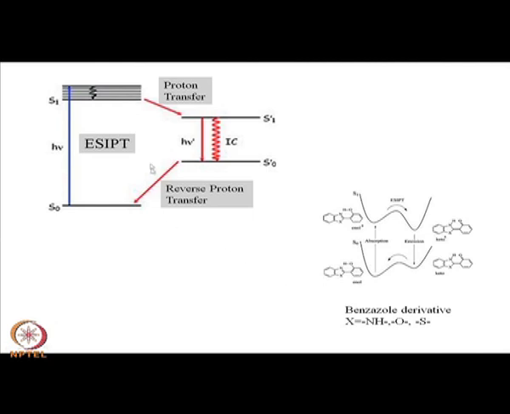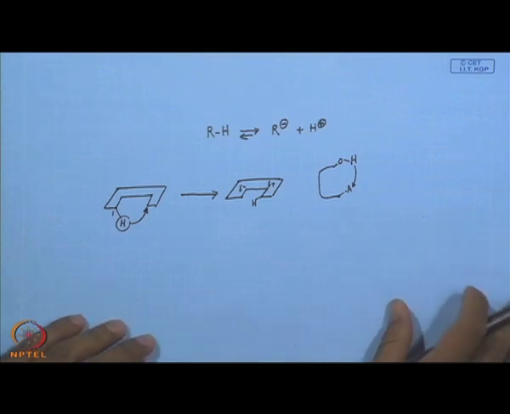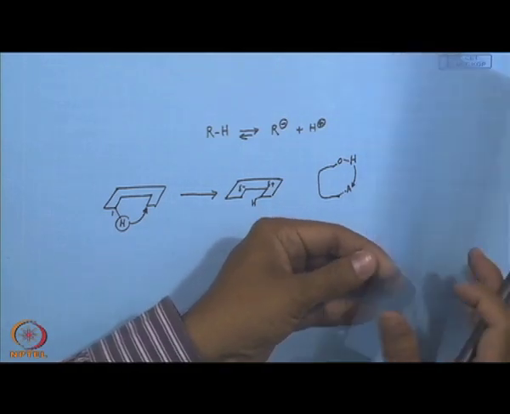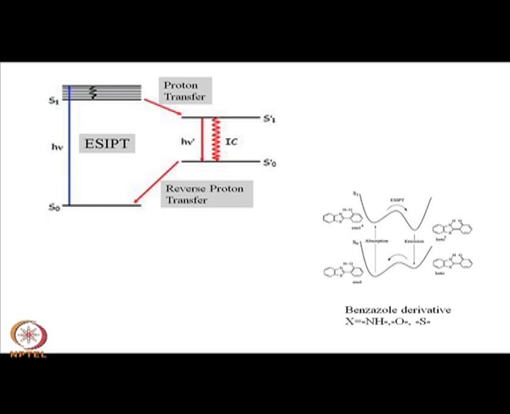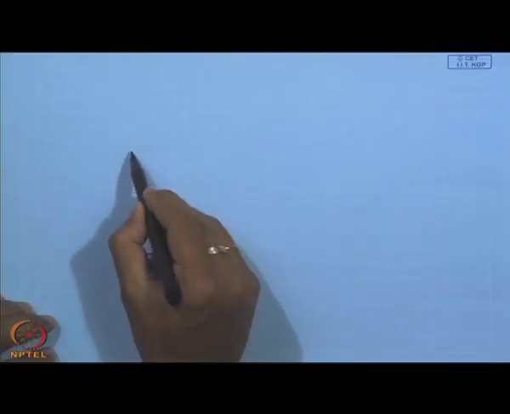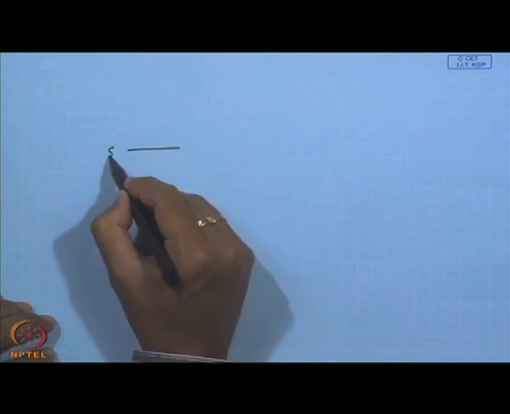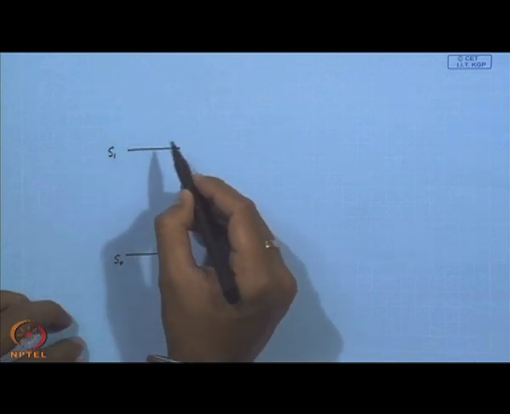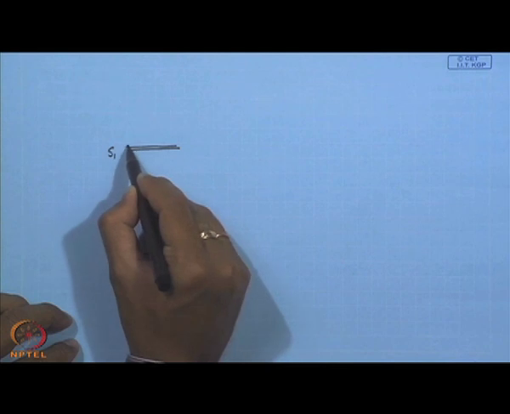Okay, this is the schematic of this process. This is a Jablonski diagram involving this proton transfer. So, you have this S0, this is your S1, and these are various vibrational levels.